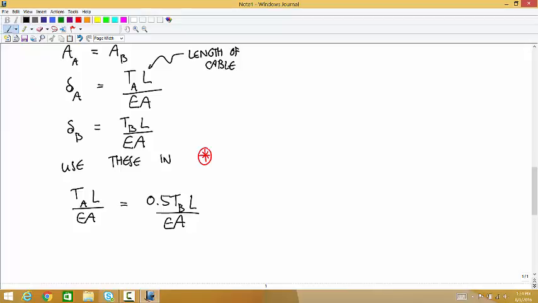In this case, a lot of stuff cancels. The L's cancel, the E and the A cancel, and you're left with TA is equal to 0.5 TB.